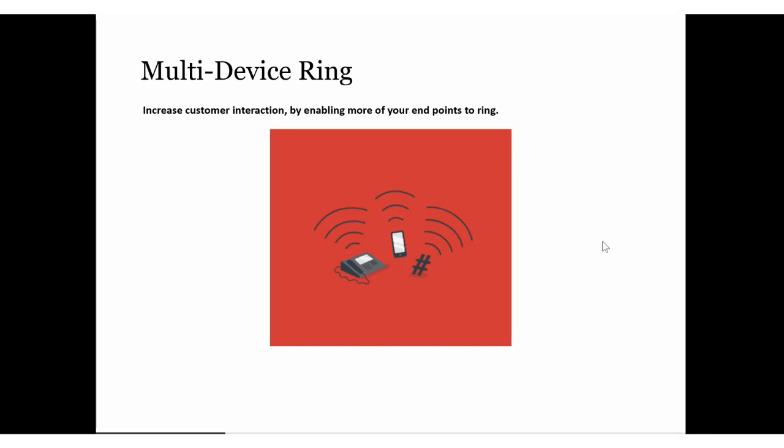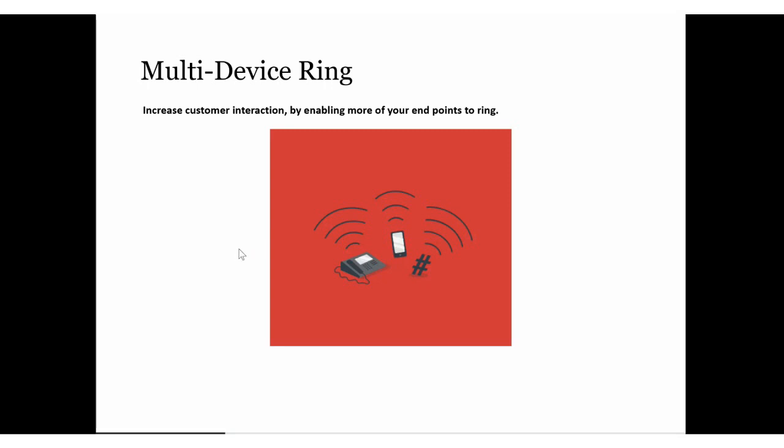It's a really useful feature, especially in the times we're living in, when most of us are out and about. Sometimes we're not at our place of business, sometimes we're at home, sometimes we're in between those two places, and sometimes we just do not want to miss customer calls. This is one way to facilitate that.